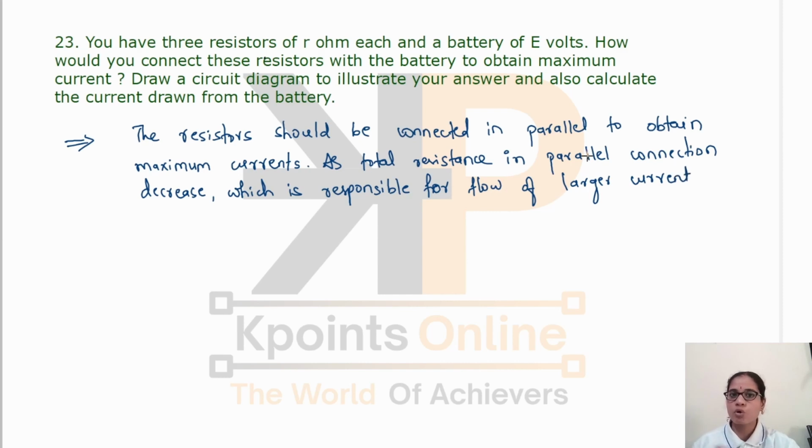Lesser the resistance, more will be the current. More the resistance, lesser will be the current. So here in case of parallel connection, the total resistance or the equivalent resistance will be decreased. Because of that, it will draw the maximum current.